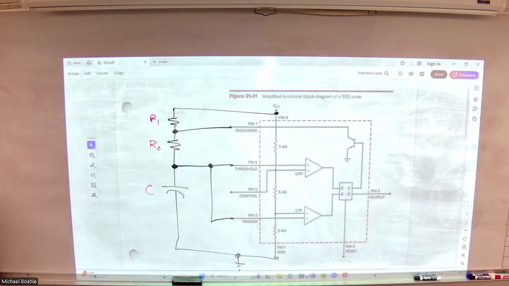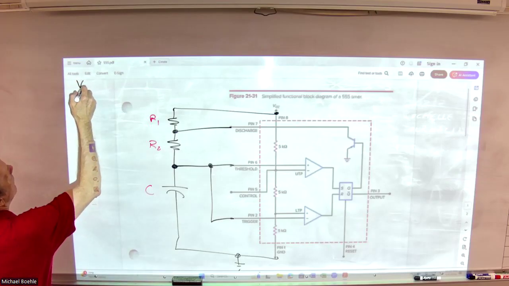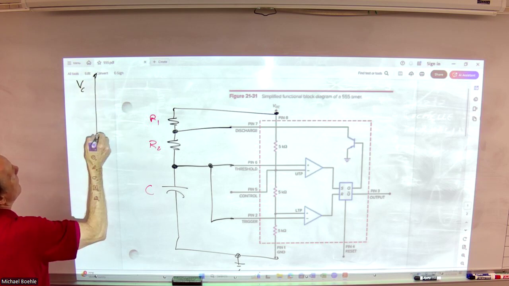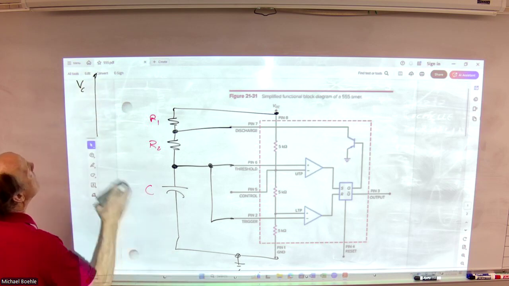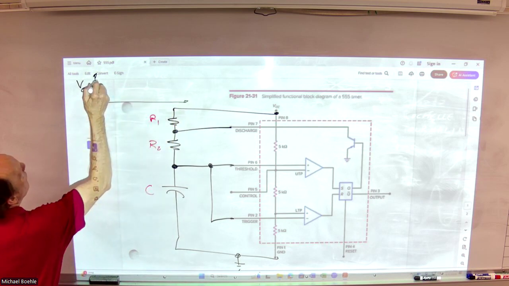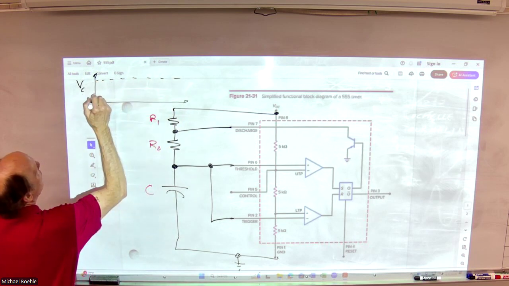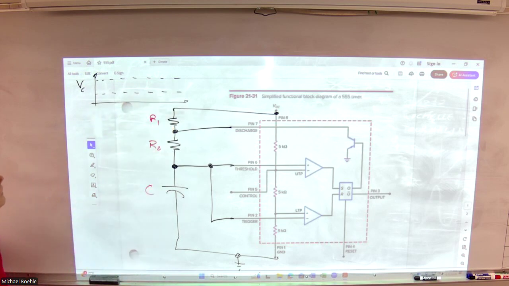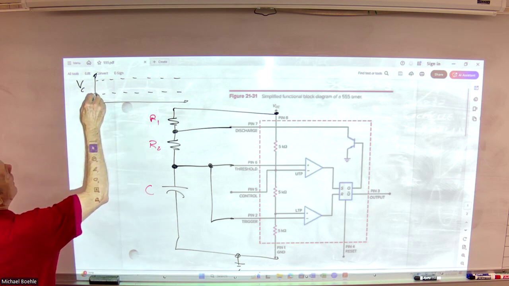Now, what's going to happen here, if we look at the voltage across the capacitor as a function of time, we have an upper trip point and a lower trip point. Let's just assume that the capacitor voltage starts right here.